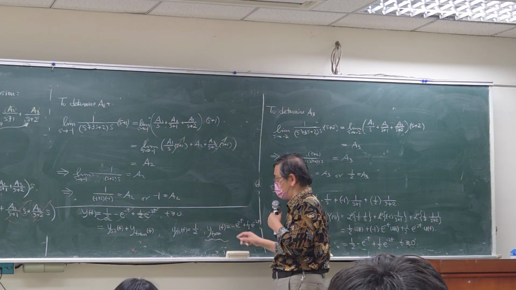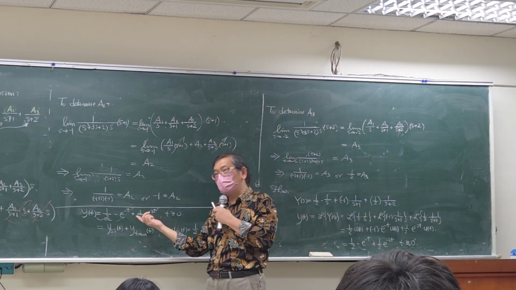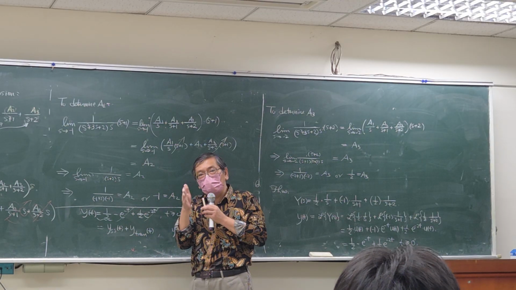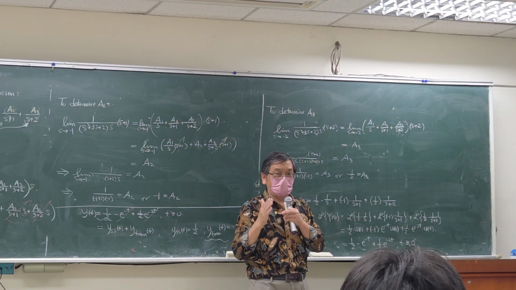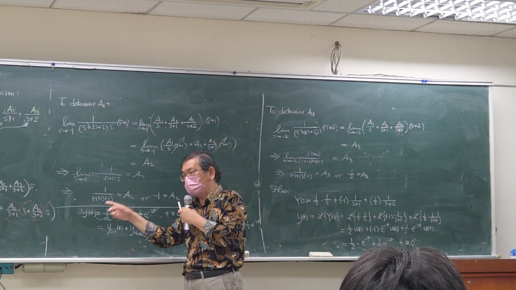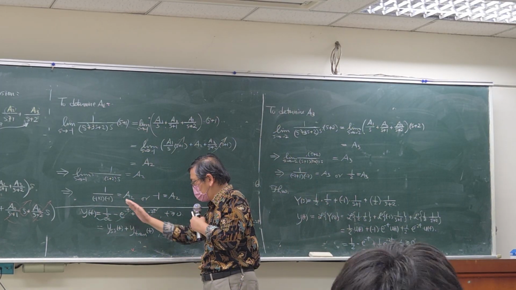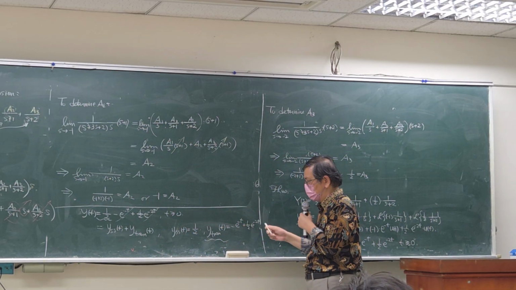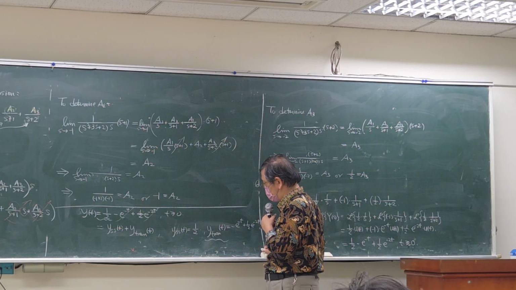Why do we call that transient? Because you can only observe these two terms in the beginning of the time response. When t approaches a bigger number, these two terms die out, these two terms disappear. So that's why they call this function the transient response.